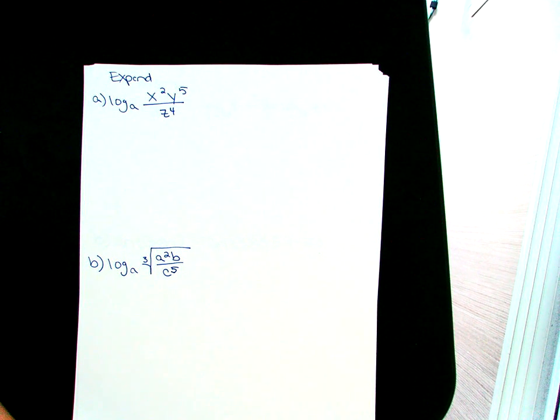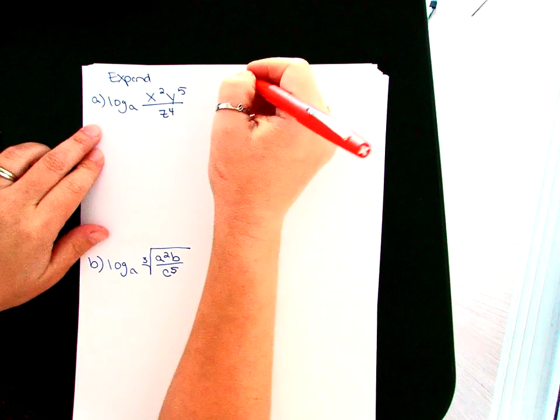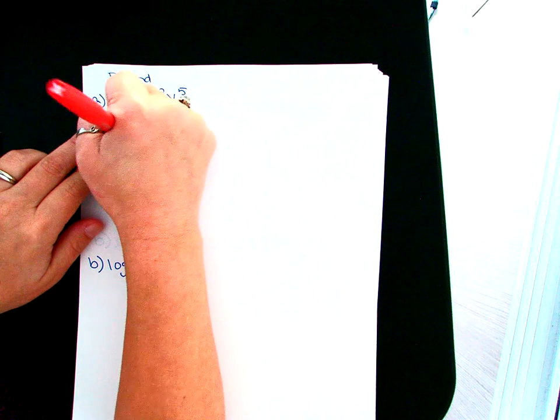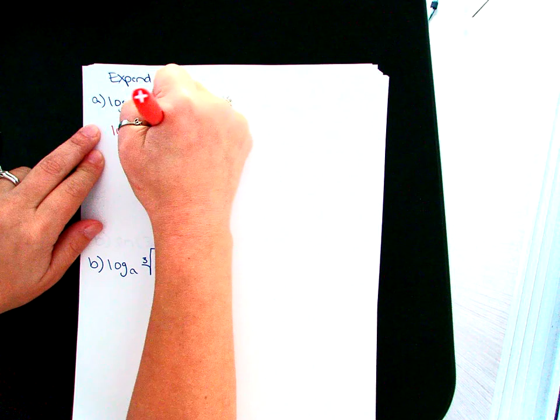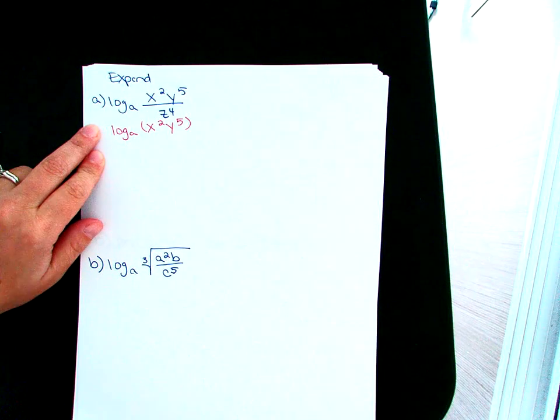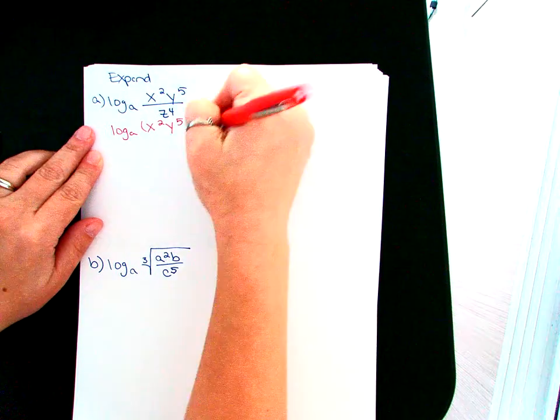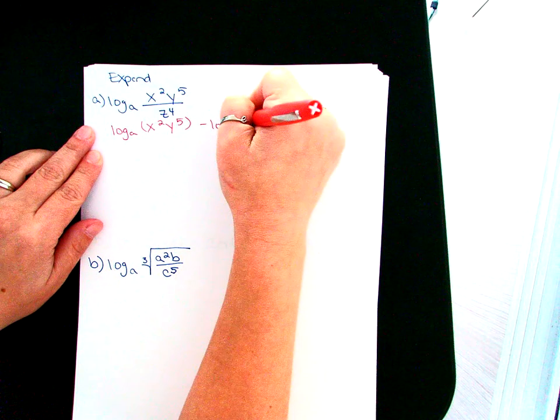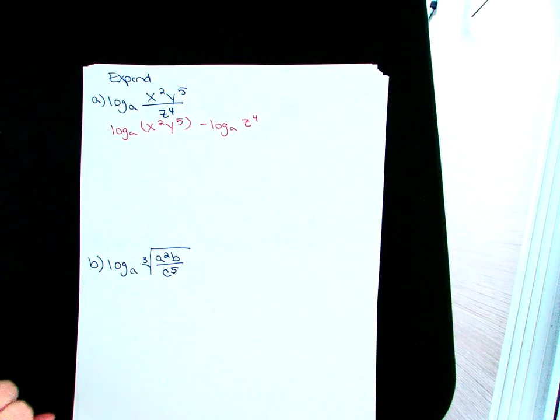So first thing I'm going to note is that I have a fraction, don't I? And if I have a fraction, I can expand this using my quotient rule. And if I am expanding using my quotient rule, then I have my top term first, which is x squared y to the 5th. That's my top term. Minus log base A of my bottom. But now, if I look at my first term, what's going on there?